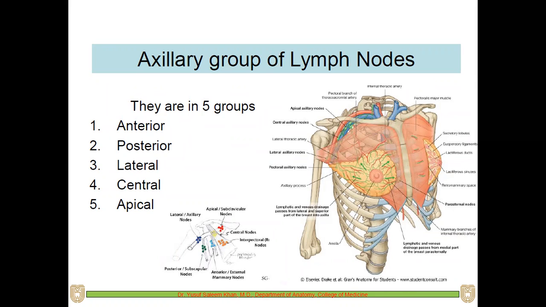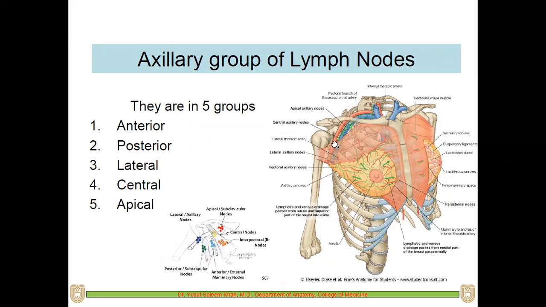Now we'll go to the axillary part. The axilla, as you know, is between the thoracic region and the upper limb. The space here is called the axilla, and there are axillary groups of lymph nodes. There are 5 groups of lymph nodes: the anterior, posterior, lateral, central, and apical.